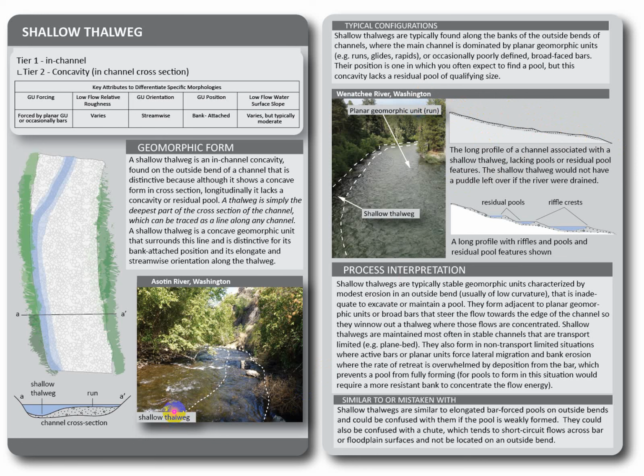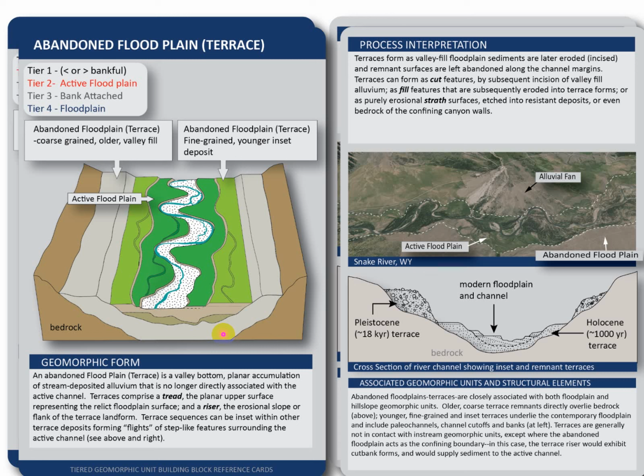It's one of the most common things you'll be doing as a designer, thinking about whether you could add structure or promote processes that would convert some of these shallow thalwegs into pools, with the bars helping with that.